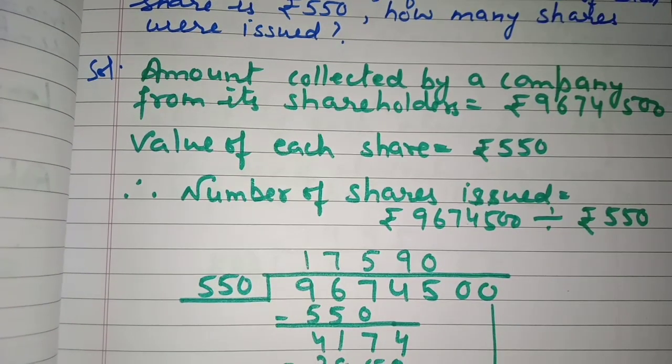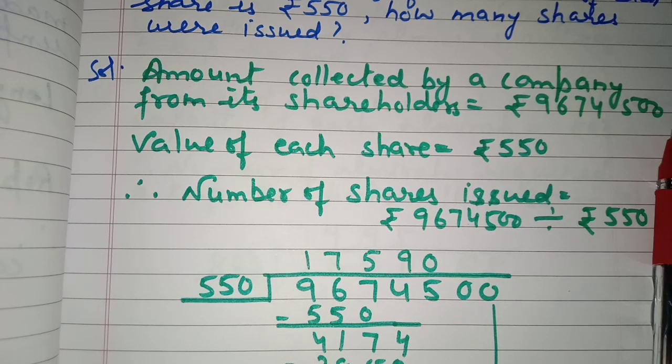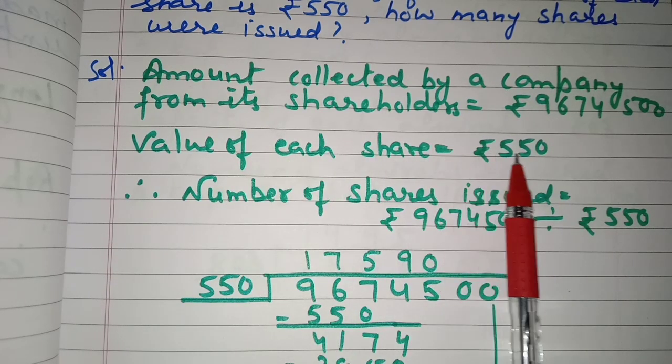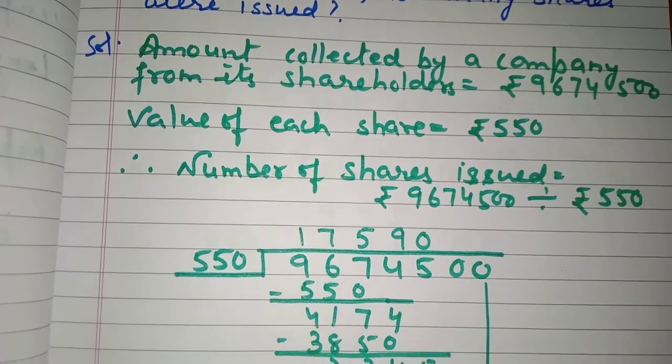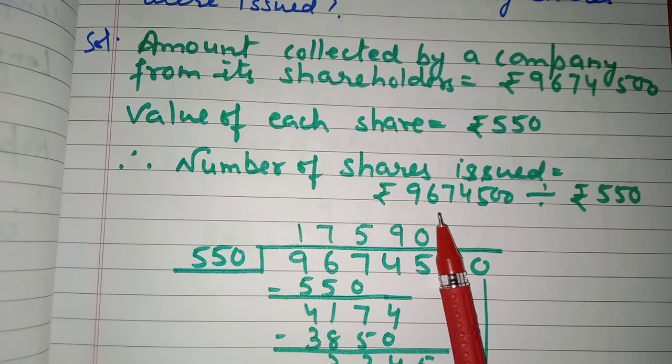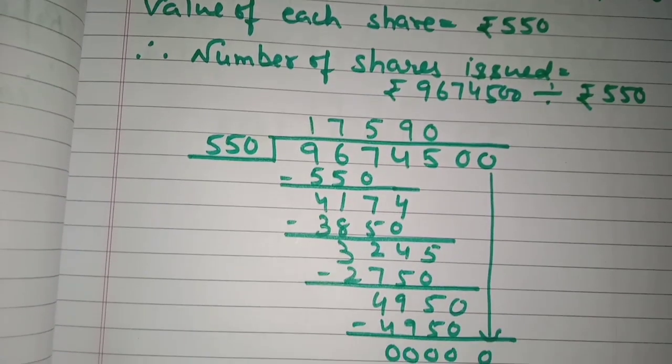So amount collected by a company from its shareholders: rupees 96,74,500. Value of each share is rupees 550 and number of shares issued. For finding that we can divide. So we have to divide rupees 96,74,500 by 550 and what we will get after division?